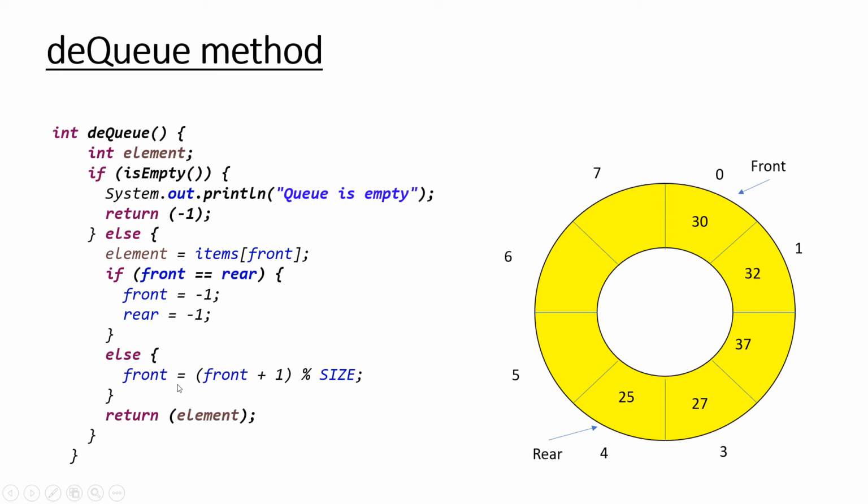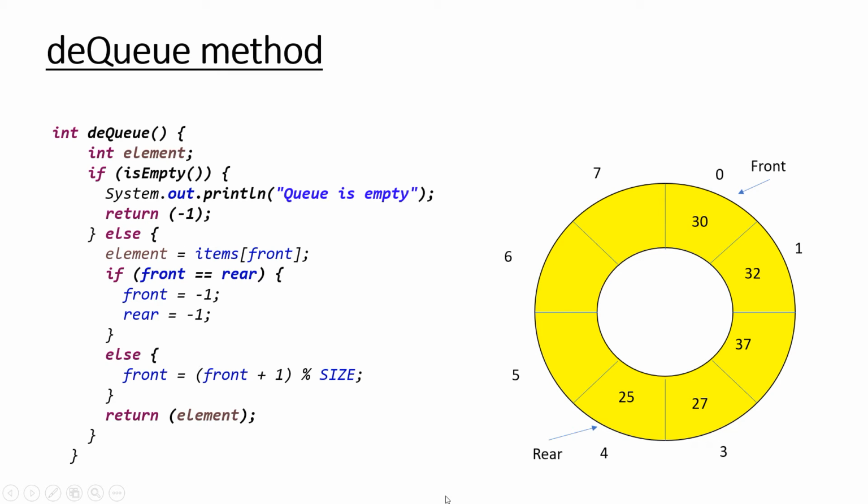Here you can see front is equal to front plus 1. Now 0 plus 1 returns 1, right? Now 1 modulus size, which is 8, will return 1. So in this case, the front will again move to index 1. So front will move here. This is the way we are going to delete any element from the queue.